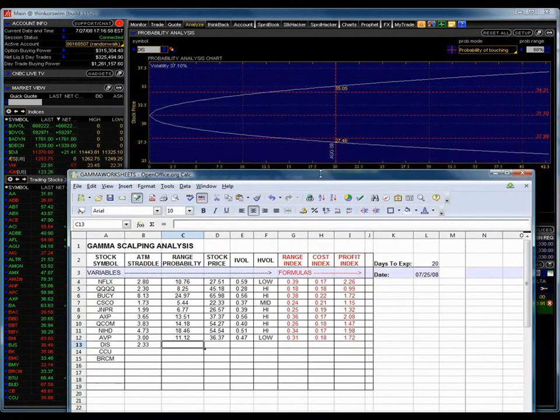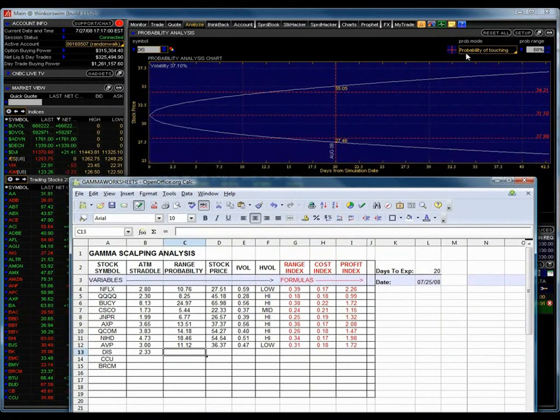The range probability, remember, we want the probability of touching up here, not the probability of expiration. The range here for this issue until the nearest August expiration is $27.46 to $35.05.